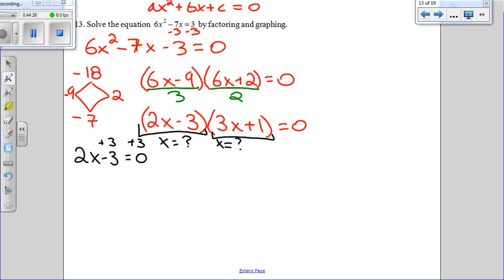Then you'd ask yourself, what makes the second set of brackets equal 0? Make this guy equal 0. Well, it would be 3x plus 1 equals 0, minus 1 for both sides, 3x equals 1, and divide by 3. x equals negative 1 over 3 is the second solution.